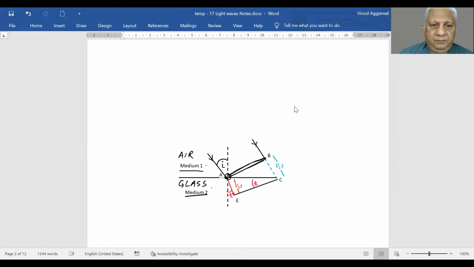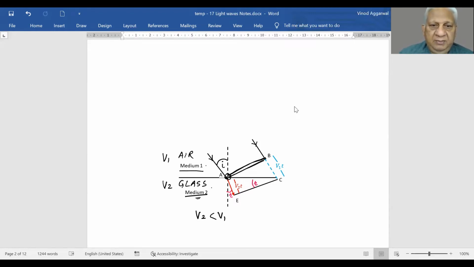And we know that light travels faster in rarer medium and it travels slower in denser medium. So if we say the velocity here is v1, velocity here is v2, then velocity v2 is less than velocity v1.